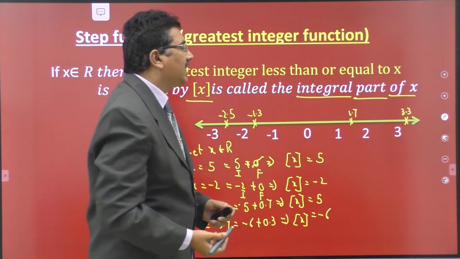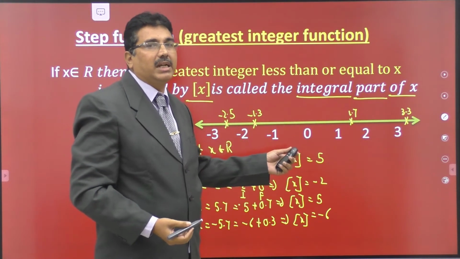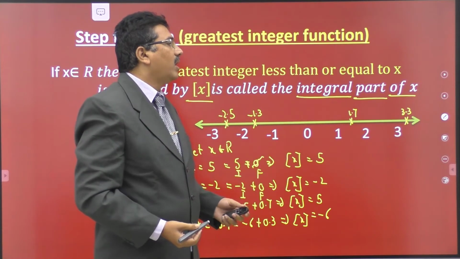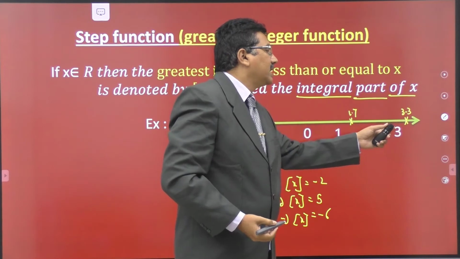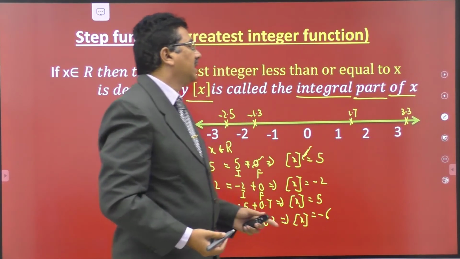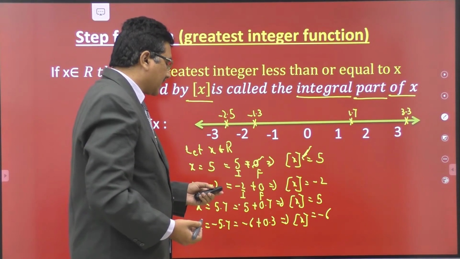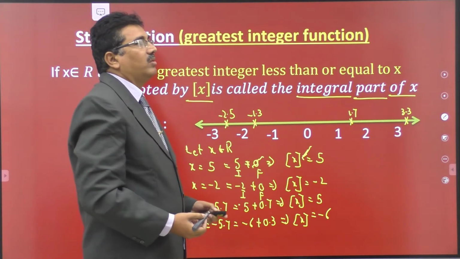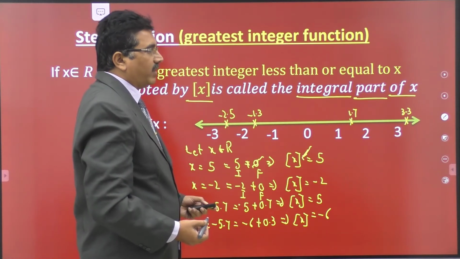The immediate left integer is its integral part, also denoted by box x. Box 3.3 is the immediate left integer, that is 3. Right, that is the step function or greatest integer function. Now we will see the properties of this function.